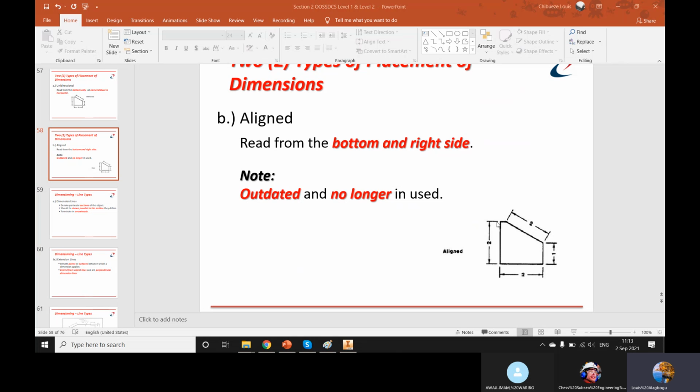Can you see what I'm showing you? Can you see where my cursor is? Hello, are you there? I'm there. Can you see where my cursor is? Can you see what I'm showing you? I said these are extension lines. I don't know if you're understanding me because I can't even hear. Let me see.